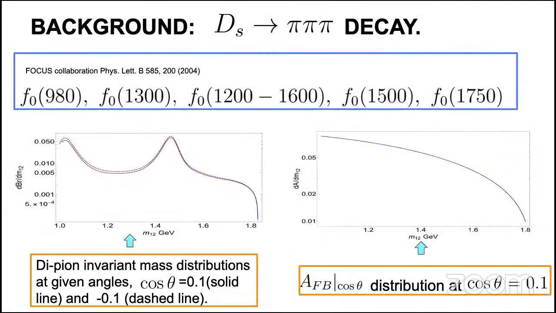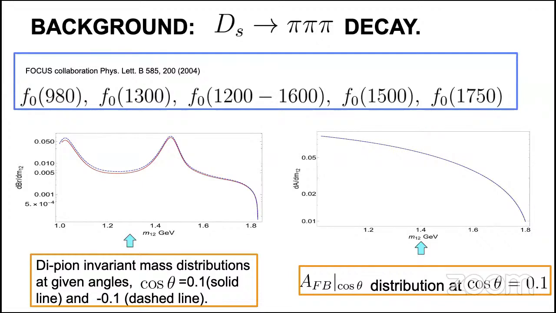We consider other scenarios with this observable. The first scenario is this process, D to 3 pions. This is because it is the main background in the decay we are studying.